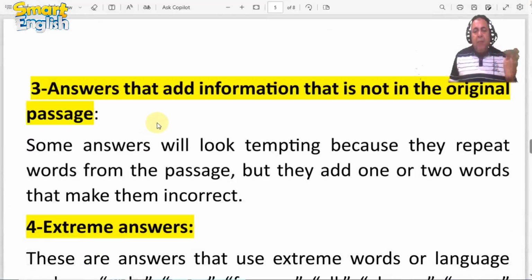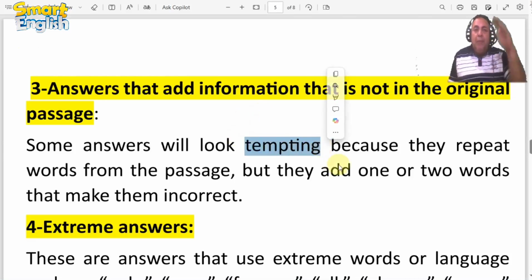This is trap number 3. Answers that add information that is not in the original passage are not the right answer. You have to avoid this choice, because if it adds more details or information that is not in the original passage, it doesn't belong to the text at all. So you have to avoid choosing this kind of answer. Some answers will look tempting and may appeal to you.